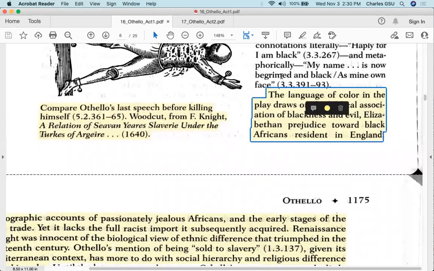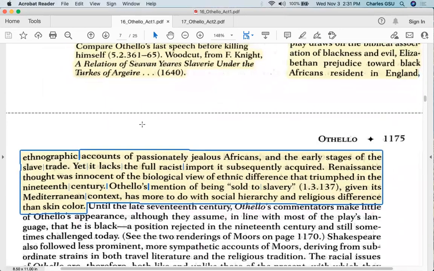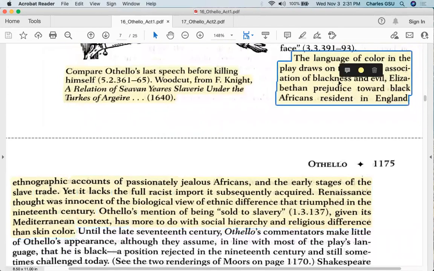So Cohen says here out to the side, the language of color in the play draws on the biblical association of Blackness and evil, Elizabethan prejudice toward Black Africans resident in England, and ethnographic accounts of passionately jealous Africans in the early stages of the slave trade. So, if you remember back to the shift in the Gilgamesh story of the flood, where the raven is the one that is successful, the story of Noah and the flood uses the dove.